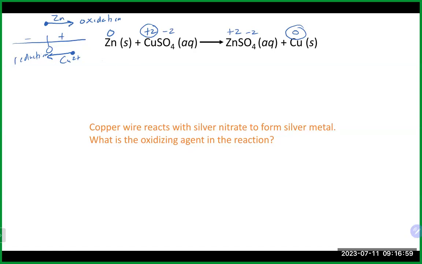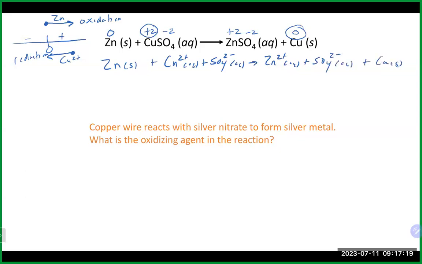So if we were to write our total ionic equation in this case, we have our zinc. This guy would break apart. Our zinc sulfate would also break apart. And obviously here, our solid copper would stay together. In this case, we could see why sulfate is not changing. It is actually just a spectator ion in this case.